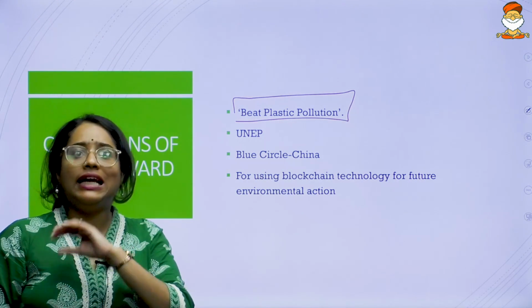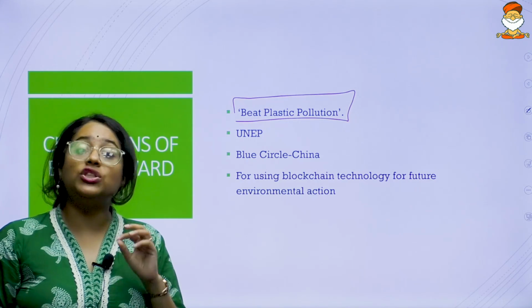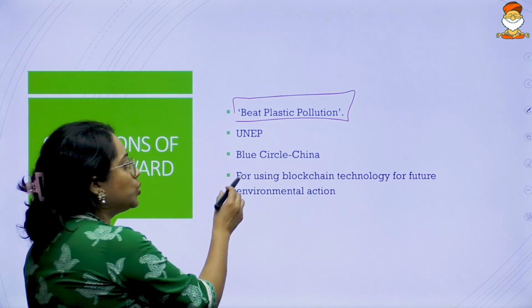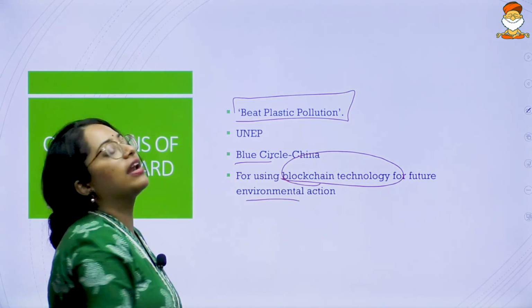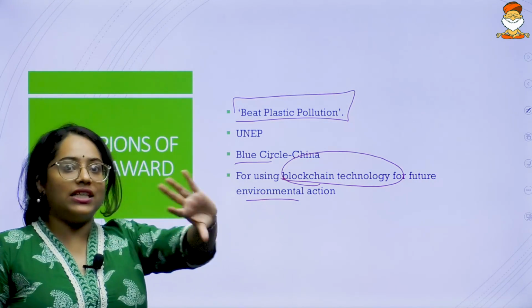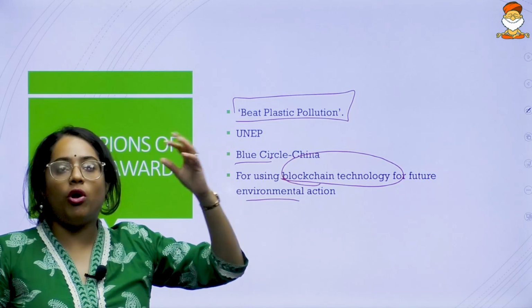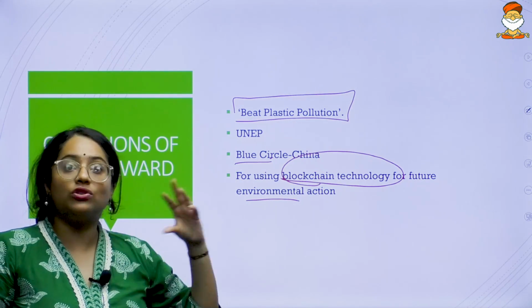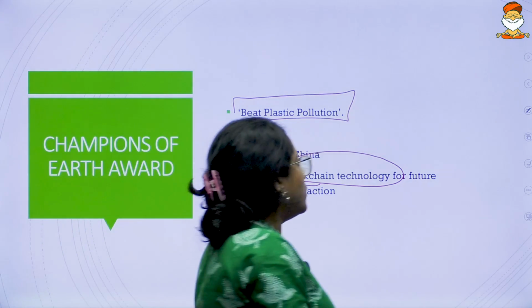No Indian unit got the award, but there was a Chinese initiative called Blue Circle, where they used blockchain technology for environment protection. I just wanted to share this with you. This is a very new thing. We know blockchain technology from science and tech, and they've used it for environment protection, and that has got the award.